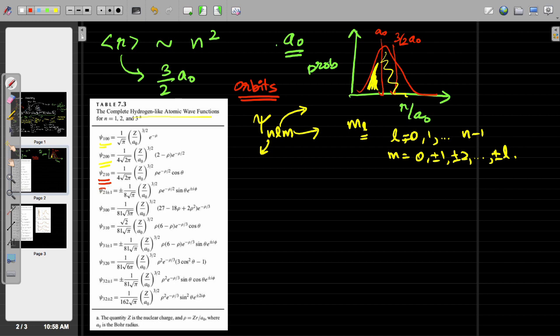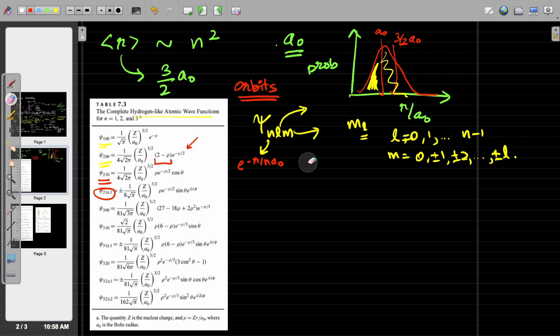Okay, and the moment you start to have an m value that's different from 0, you get a plus minus 1 value that also ends up coming up here. And the important aspect one has to understand is that we see a polynomial part and also the e power minus r by n a naught part. Sigma is, sorry, I've written rho here.